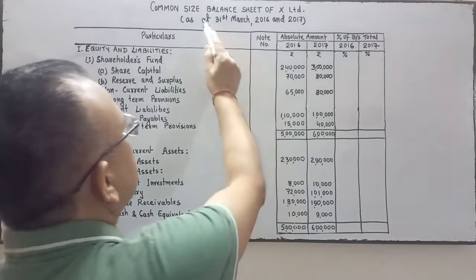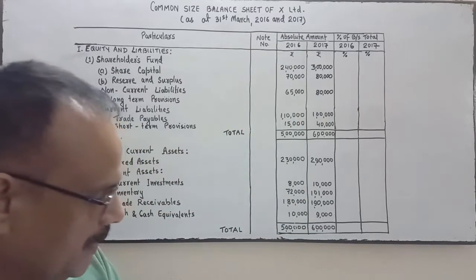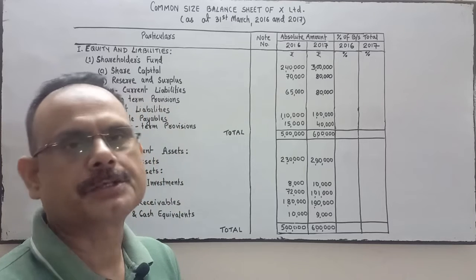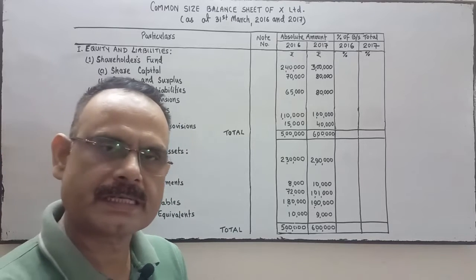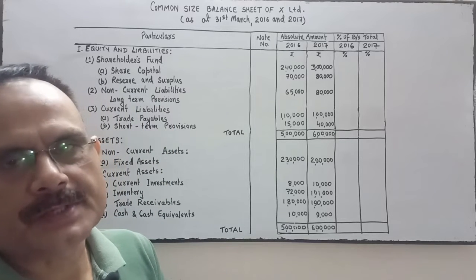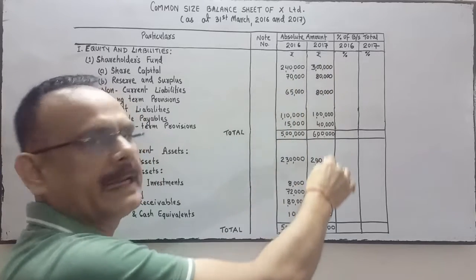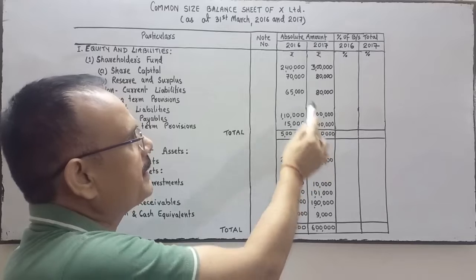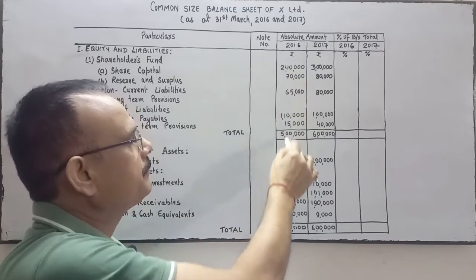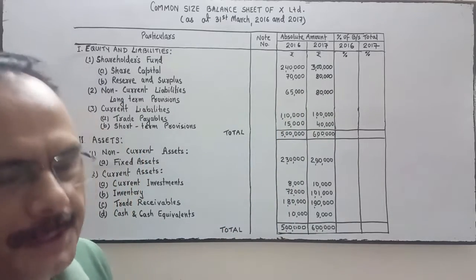So I have written over here common size balance sheet of X Limited. Particulars, information is given in the question, and 2 columns for the amount. First column is for 31st March 2017 and second column is for 31st March 2016. So 16 we will write first and 17 we will write next, meaning previous year and current year. The information of 16 figure we will write first, thereafter the information of 17 figure.